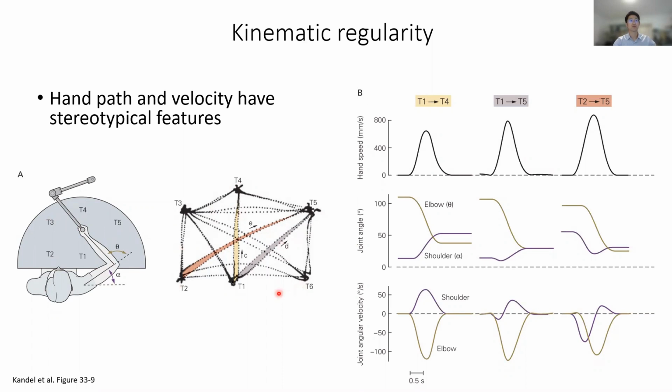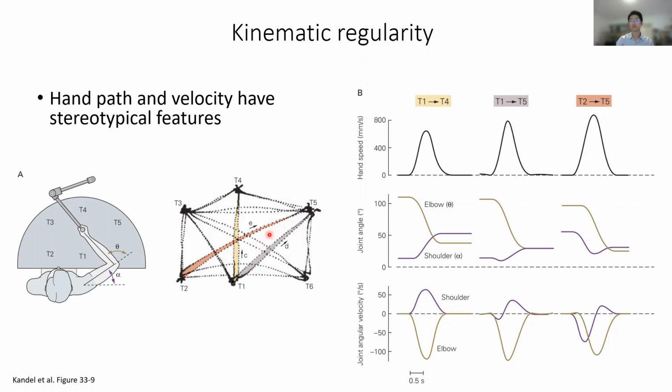There are in total 6 targets. So this basically is just a reaching movement, like a point-to-point reaching movement. And we all know that we always produce straight lines. So usually we move in a straight line. But there are some special cases.